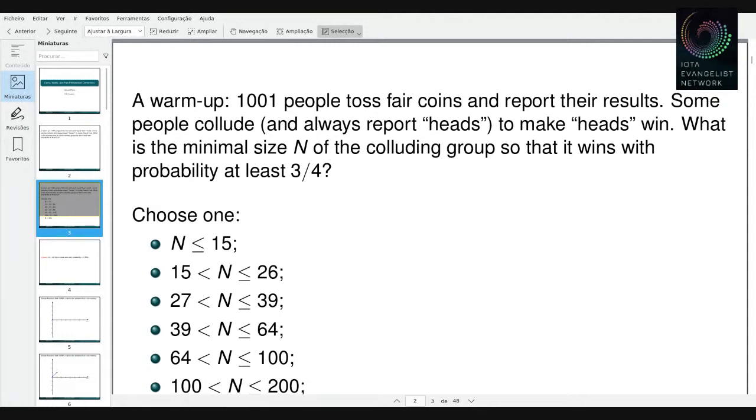So what do you think? How large should this n be? How many corrupt people from 1001 are necessary to really bias the result?